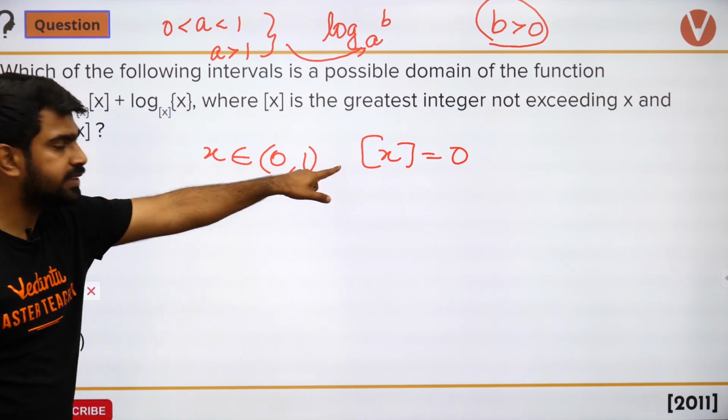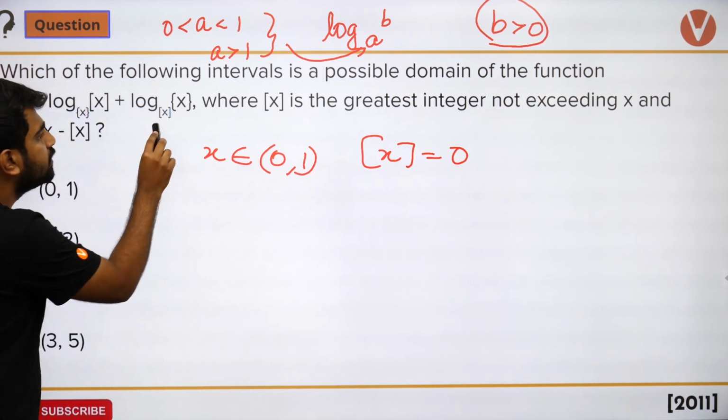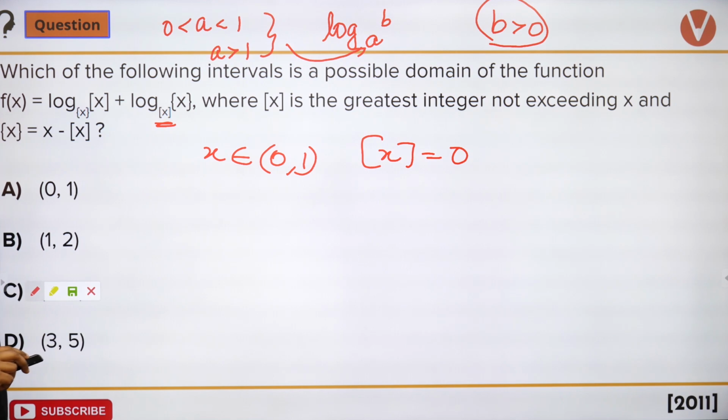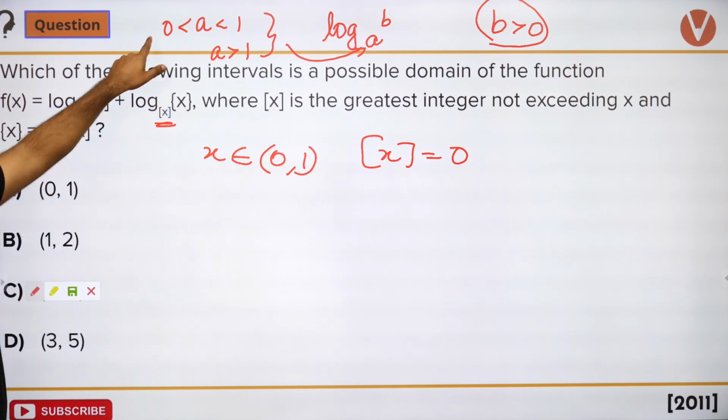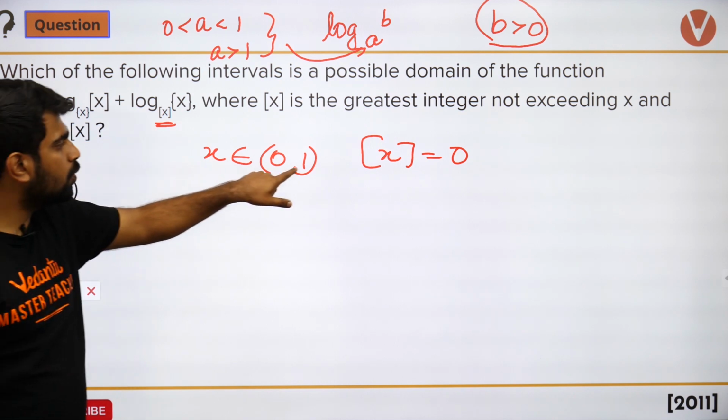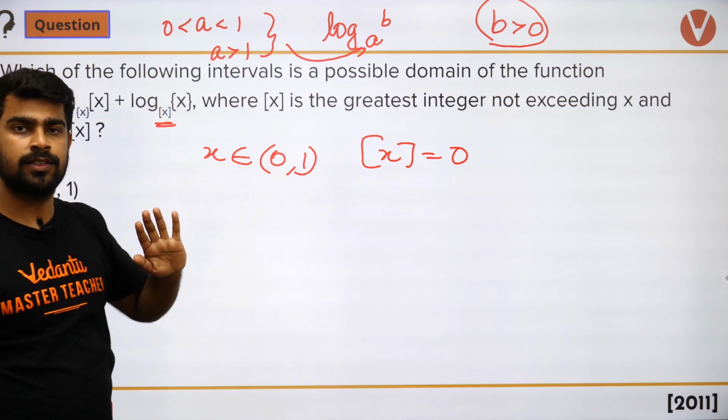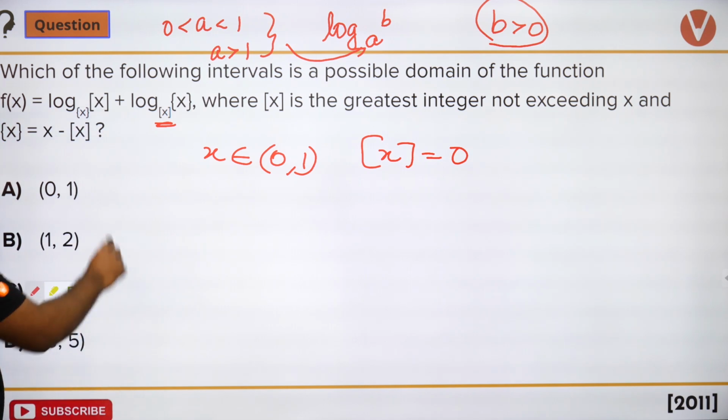So if GIF of x is 0, then the base of the log will be 0. How can the base of log be 0? Look at it, it is not having equality, right? So the 0 to 1 interval is definitely wrong. I cannot have x lying between 0 and 1. So of course the first option is wrong.